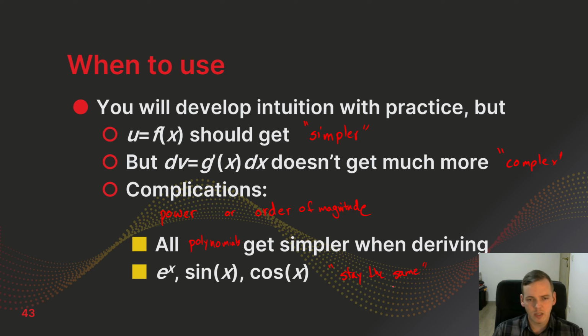The integral of cosine of x is just going to be sine of x. It's a little different, but it's not a lot more complicated. So all polynomials get simpler when deriving, and things like e to the x, sine of x, and cosine of x stay about the same complexity. They don't get worse over time.